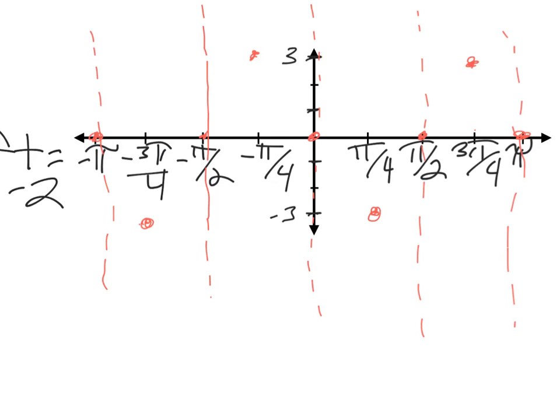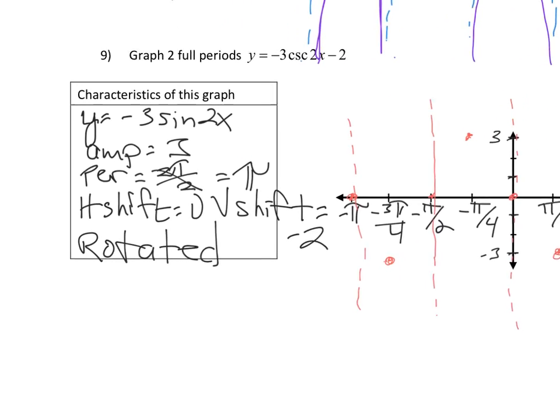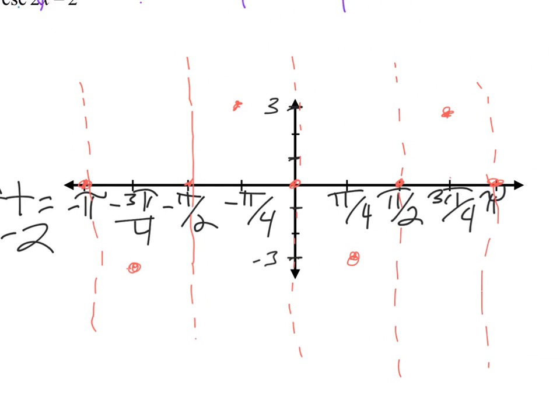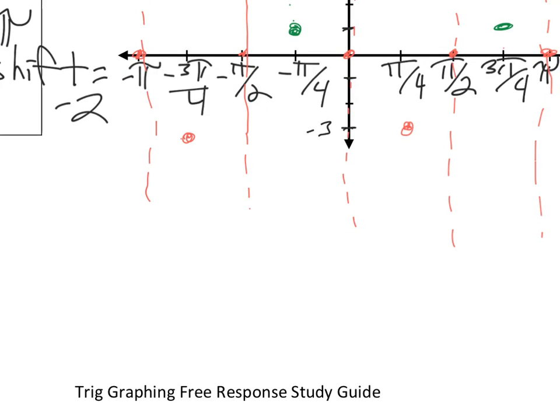Okay, now I'm going to be shifting this. So no, we do it after. Yeah, we're always going to do our shift. All right, we have a vertical shift of negative 2. So my maximum comes down to a 1, and my minimums go down to negative 5.